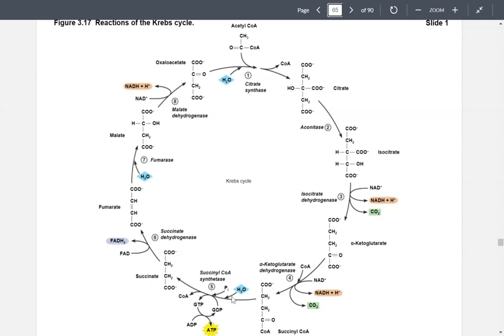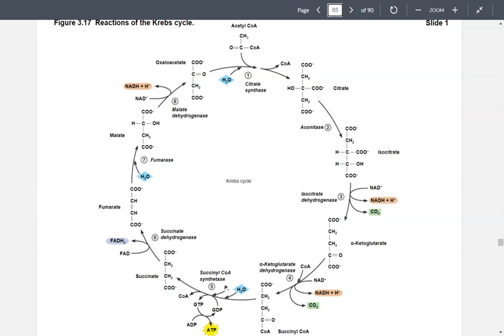Okay, now we put in a phosphate and a water molecule along with our succinyl-CoA synthase, and it will give off a GTP, which will then convert an ADP into an ATP, and we get our CoA back. That creates succinate. Succinate dehydrogenase will convert that into fumarate, giving off a FADH2 in the process.